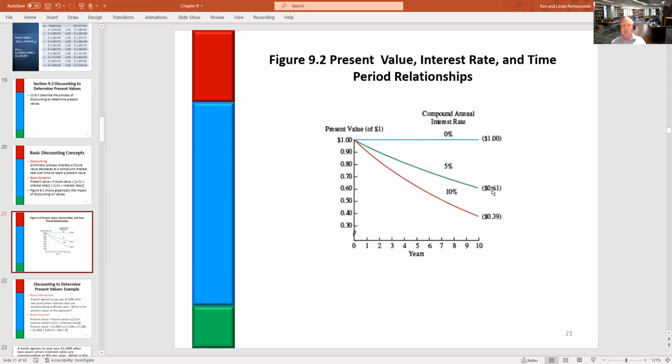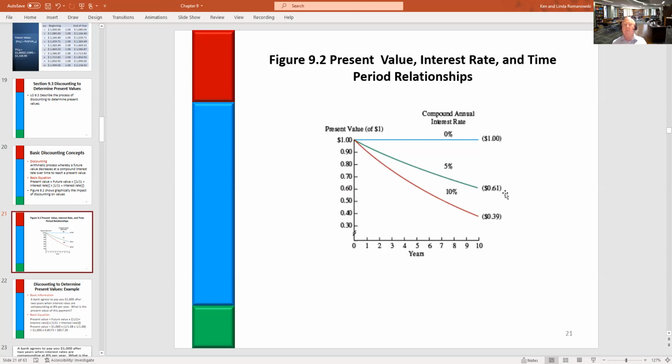Well, in this particular chart, you'll see that 0.61 is whatever the present value of $1 would be, going from future value to the present value. So 61 cents today, invested at 6% per year, is going to be worth $1 10 years from now.